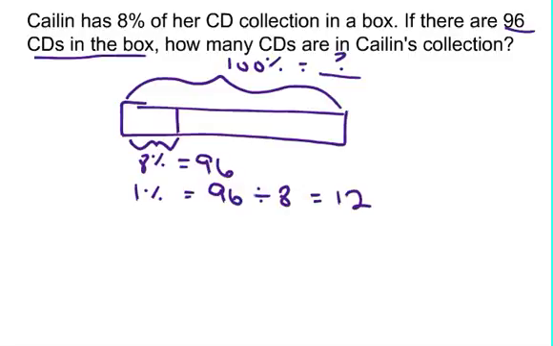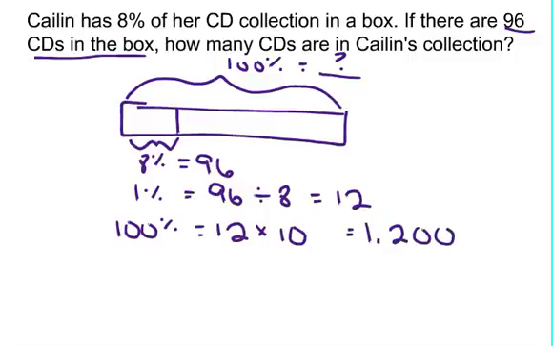So 1% really equals 12 CDs. If we're looking for 100%, we need to do 12, which is the 1%, and multiply it by the 100, and we would get 1,200. So Kaylin has 1,200 CDs in her collection.